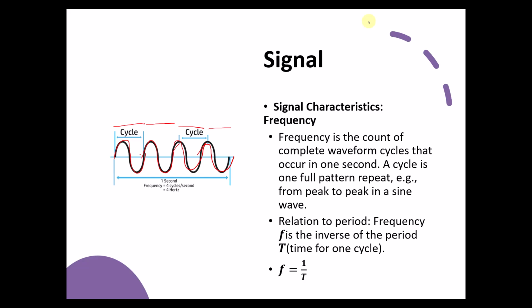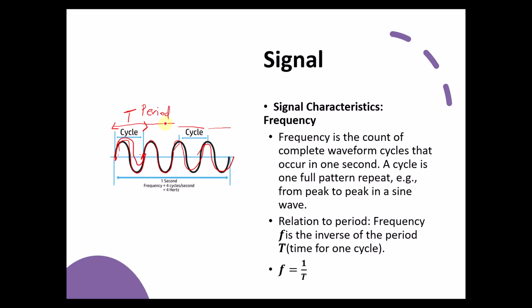Frequency has a relationship with the time that it takes to make the cycle. The time that the signal uses to make 1 cycle, just one, not all the cycles in 1 second, from here up to here, so that's from here to here, from here to here, is what we call the T, the period of the signal.